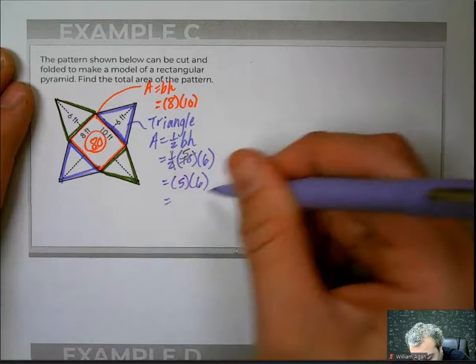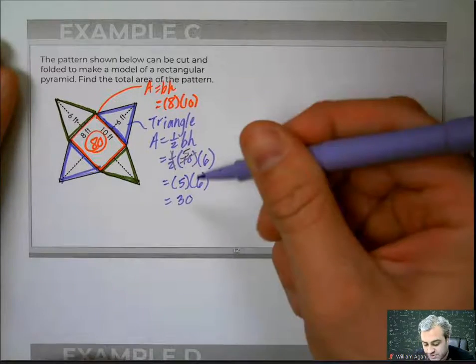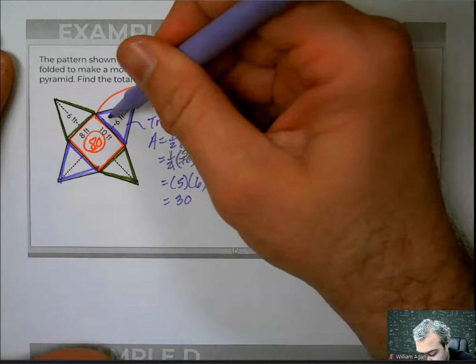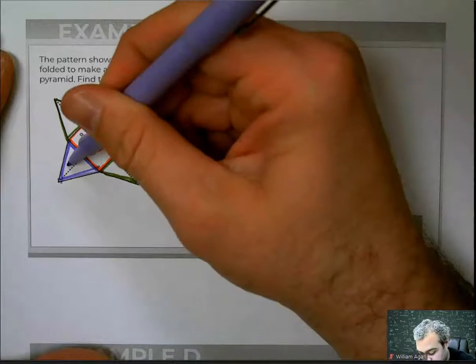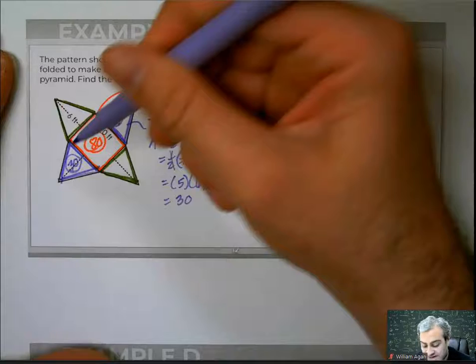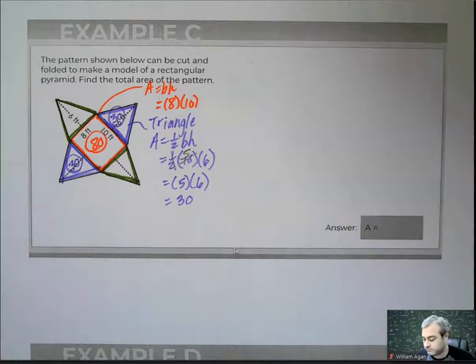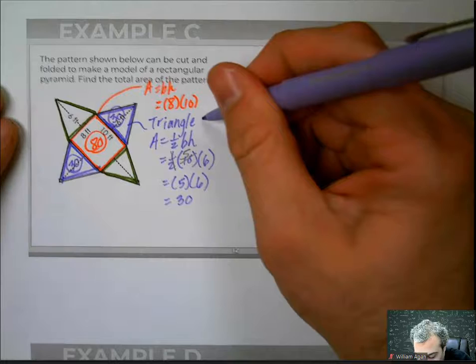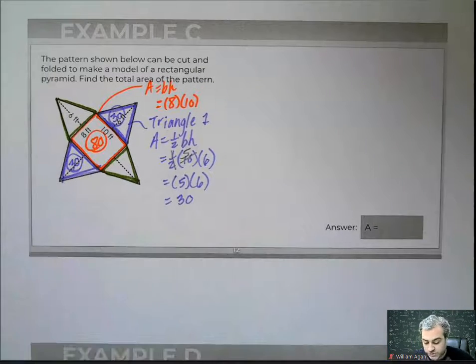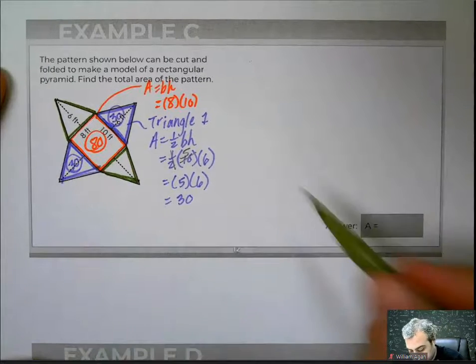And 5 times 6 is 30. So that means that this triangle right here is 30, but also this one right here. Okay, they are identical. They're the same. So that was like triangle number 1. Okay, now I'm going to do triangle number 2.